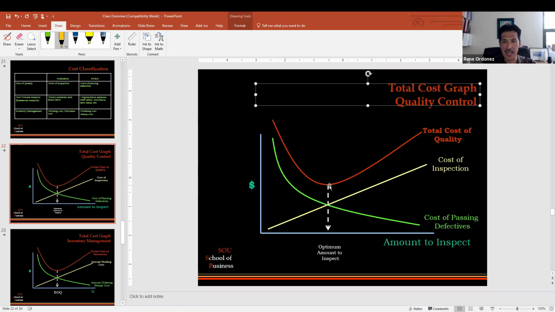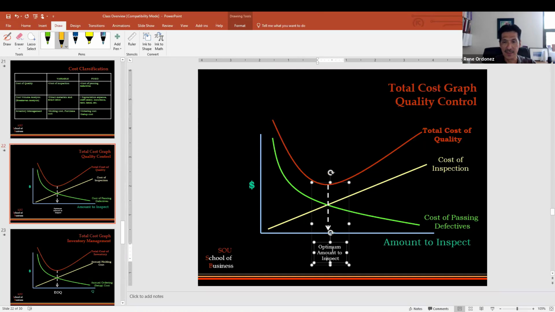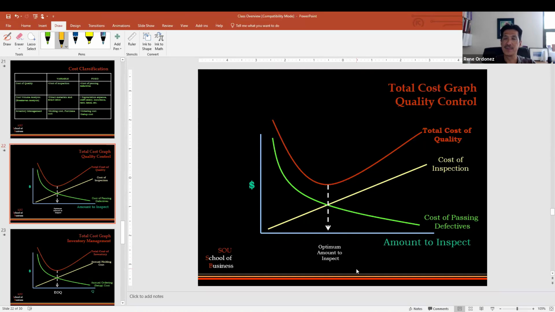And that corresponds to a certain inspection level. So we call that the optimum inspection size. Optimum in the sense that that inspection size minimizes the total cost associated with inspection and the cost of passing defectives.